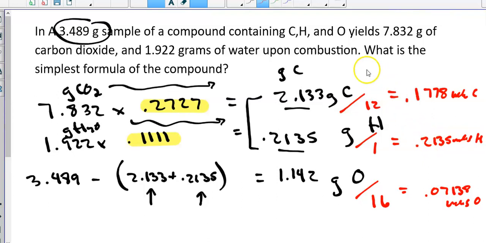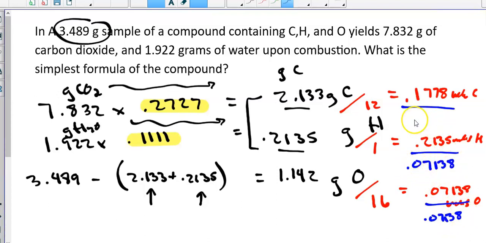Once I have them in moles, the next step is to divide all of them by the smallest of the three answers, which was 0.07138. I'm out of room side to side, so I'm going to come down here.